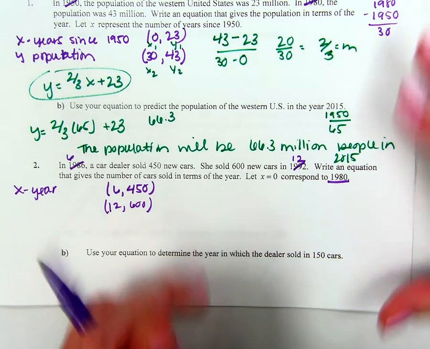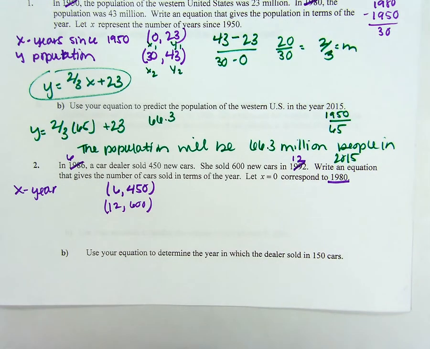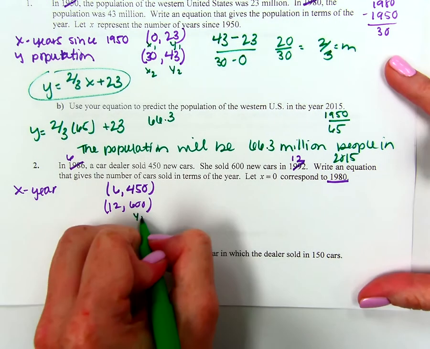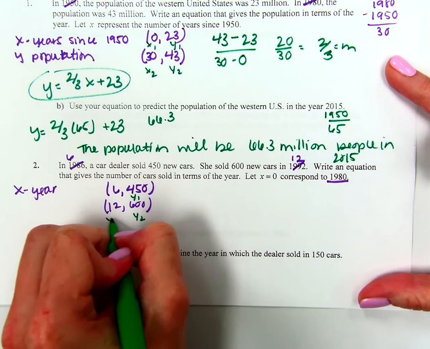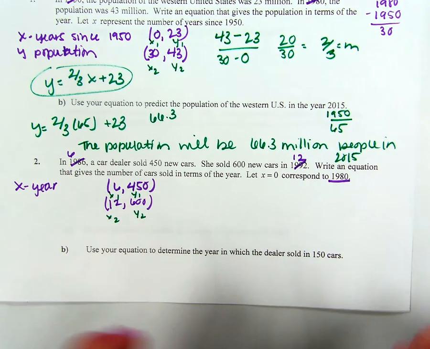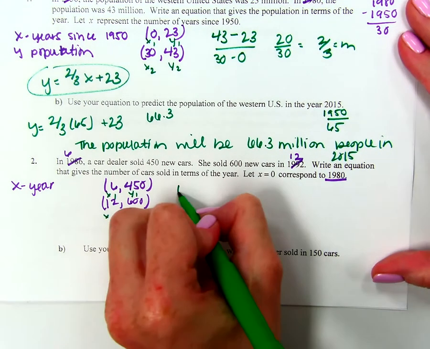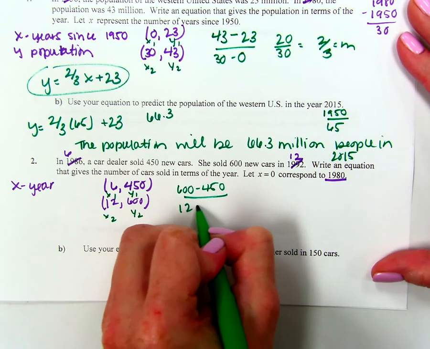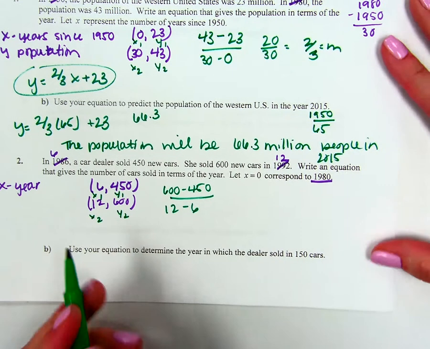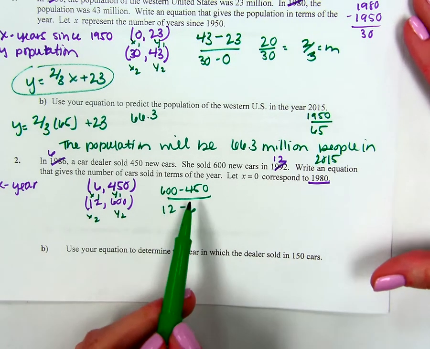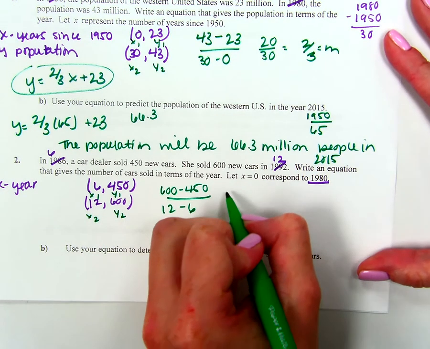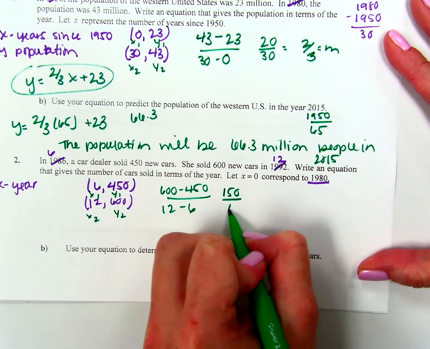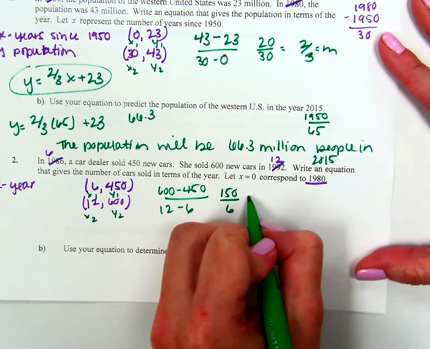So I'm going to label these y sub 2, y sub 1, x sub 2, x sub 1. So y sub 2, so 600 minus 450 over 12 minus 6. So that's going to end up being 150 over 6, which reduces down to 25.